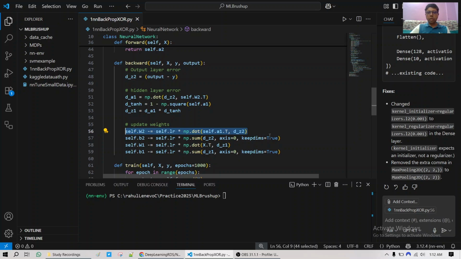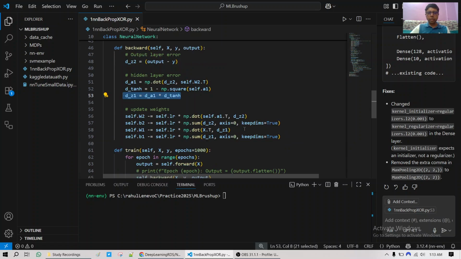Similarly for the bias, right? So we have the learning rate, 0.5. So B2 is equal to B2 minus learning rate times this entire expression, the sum of the difference, right? And then similarly W1 and W2.